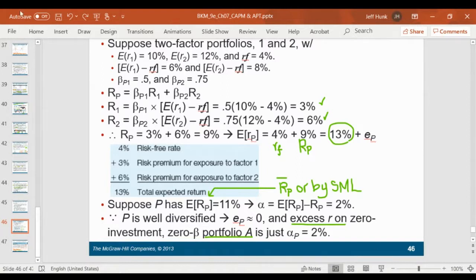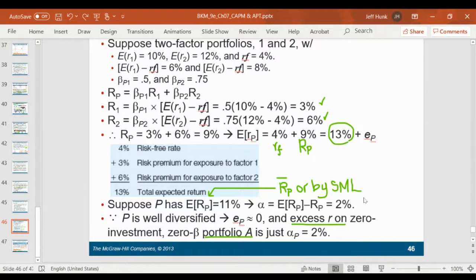And in that sense, this expected risk premium is either the mean of all the past risk premiums for the past 60 months, or it is something that is expected by the security market line.